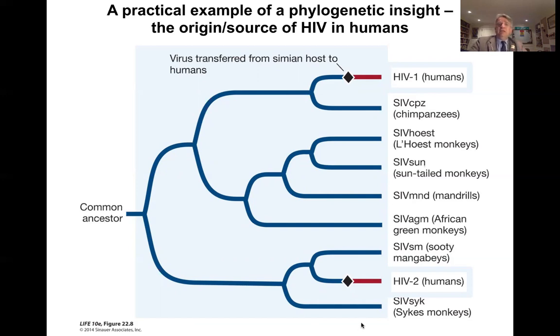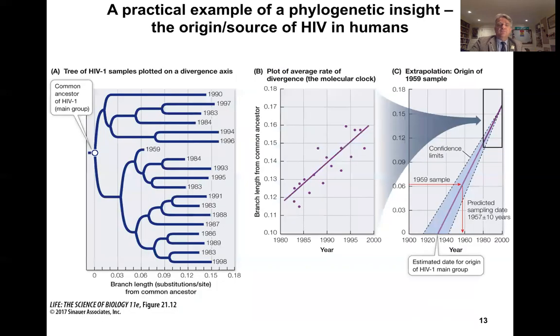Now, the application of phylogenetics goes beyond just understanding that HIV has multiple origins in terms of HIV strains that we find in humans. If we actually sequence those genomes through time, that is, when we have a viral sample that's isolated at a given time, it essentially timestamps that lineage.